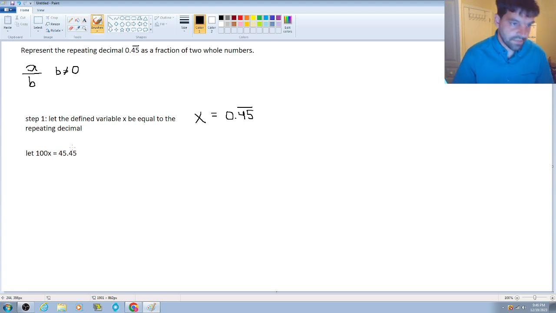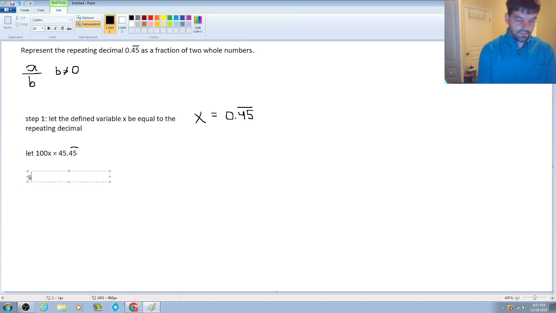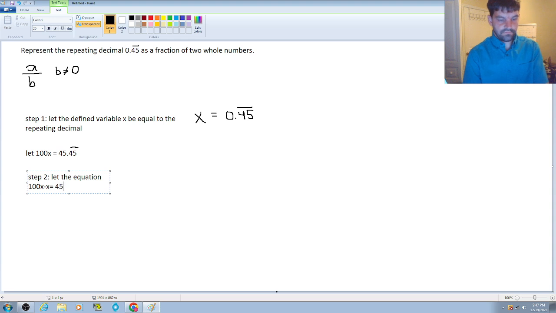So step 2 is to let the equation 100x minus x be equal to 45.45 repeating minus 0.45 repeating.